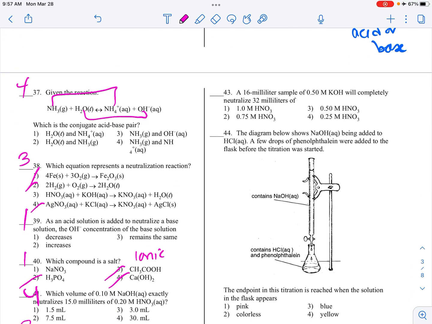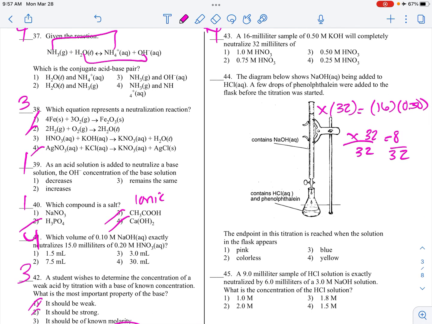A 16 milliliter sample of 0.5 molar KOH, so that is our base side, will completely neutralize 32 milliliters of what? 16 times 0.5 is 8 equals 32x. Divide both sides by 32, and you get 0.25 molar, which is choice 4.